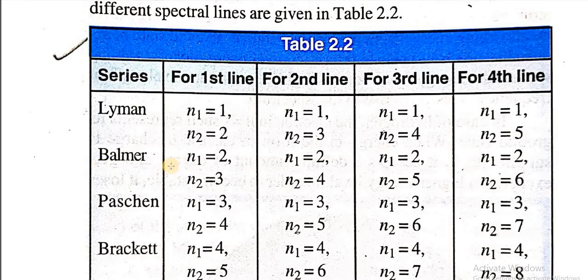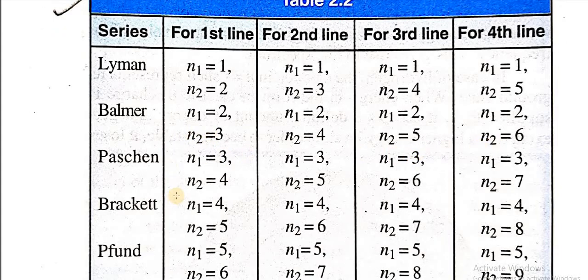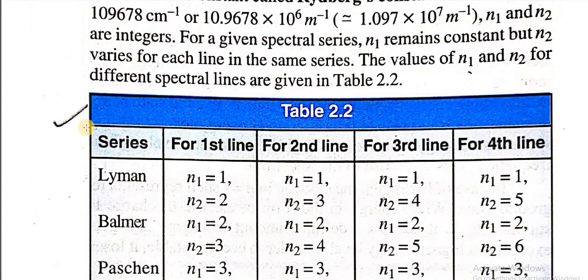Balmer series: the value for n1 is fixed, that is 2, and n2 will be 3, 4, 5, 6. Similarly, Paschen series: the value for n1 is 3 for all, and n2 will be 4, 5, 6, 7. Now these values will be used in the numericals.